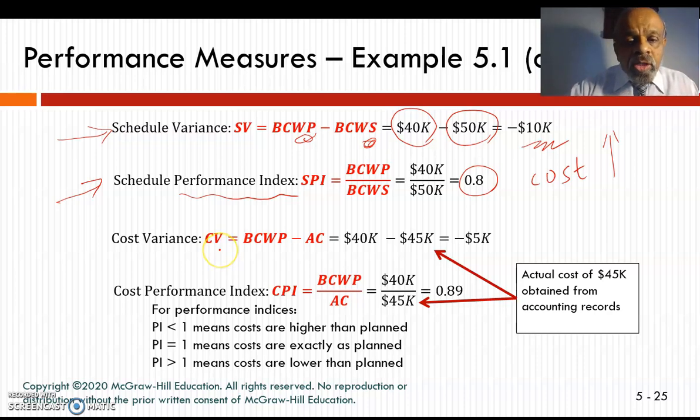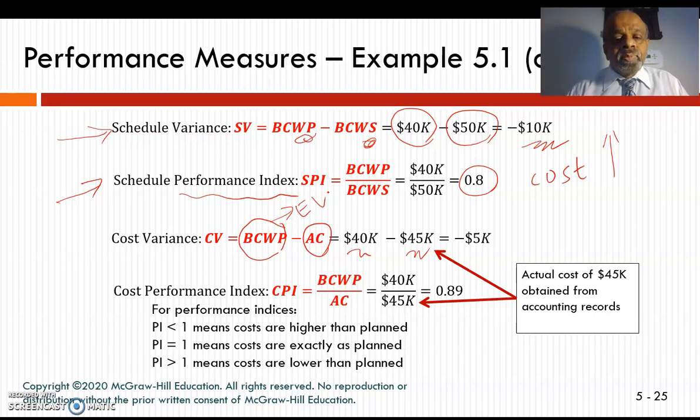Let's look at the cost. Now the cost variance is the budgeted cost of work performed minus the actual cost. The budgeted cost of work performed is 40 and the actual cost is 45. This BCWP is sometimes also called earned value.